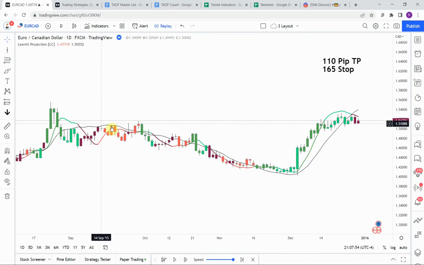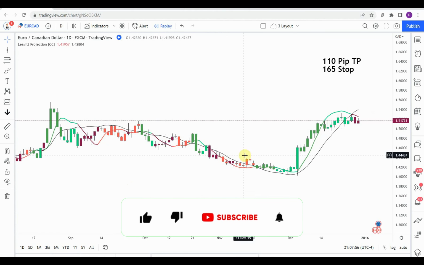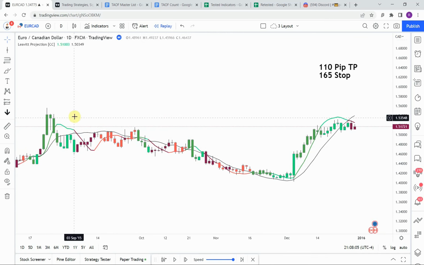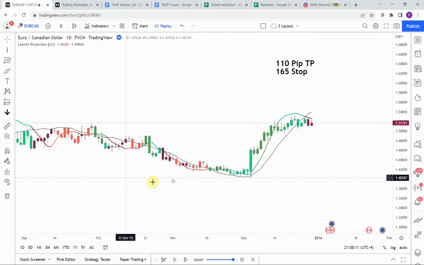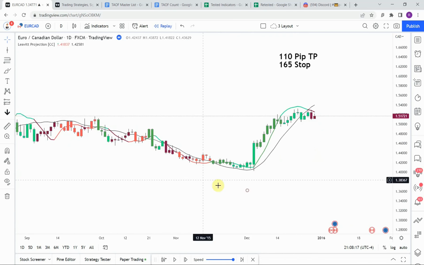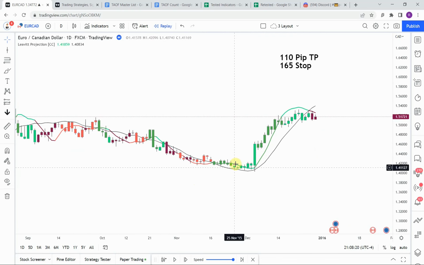So you have one line that's kind of a signal line, a little bit slower sometimes, a little bit faster sometimes, just kind of depends. And then you have the other line, which is a little bit faster typically than the slower one. I know I'm kind of just stating the obvious here, but basically we have these two lines and they are crossing each other, and there's a little bit more to this than just a simple cross.